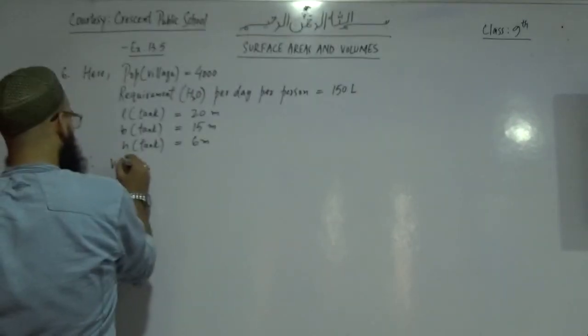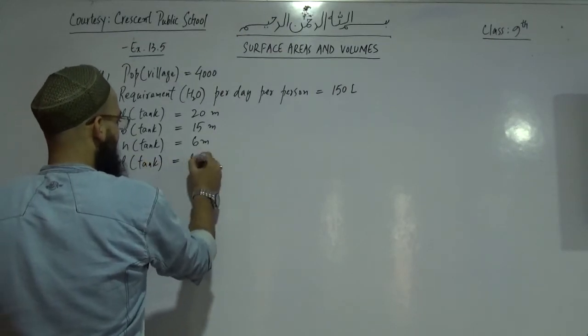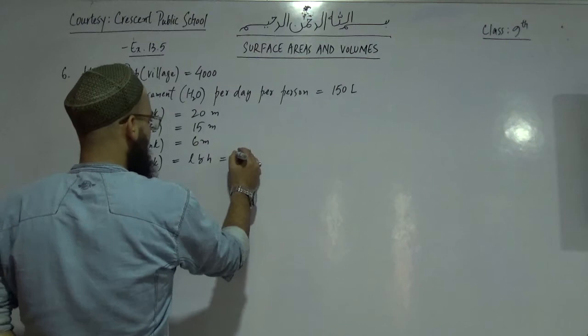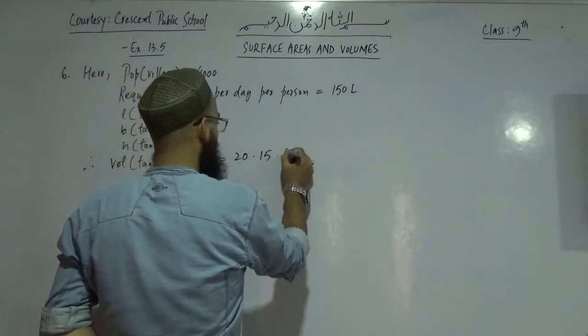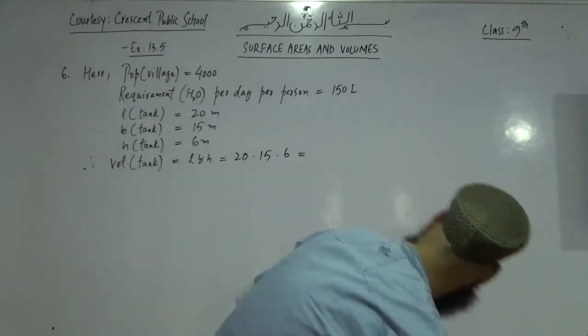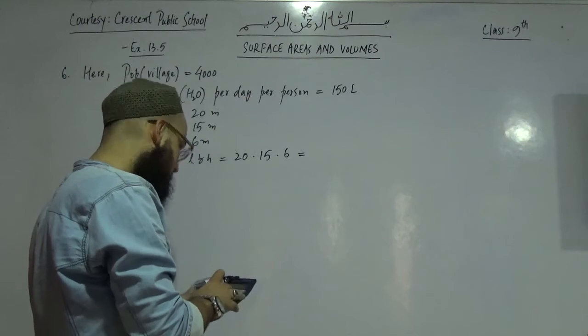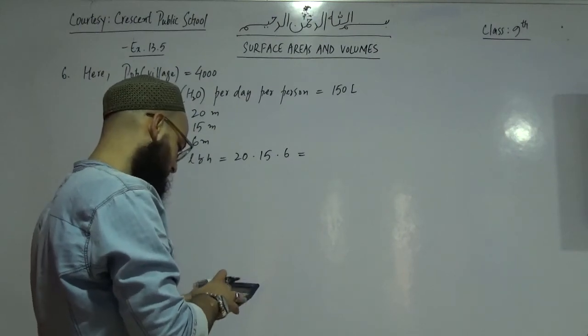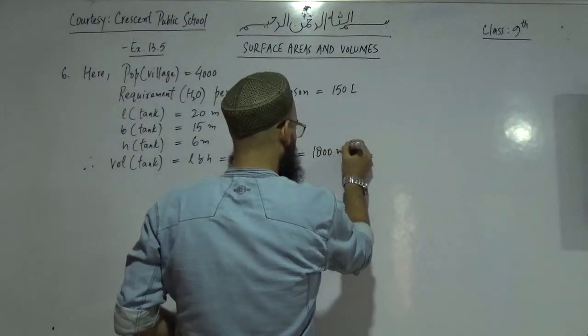Therefore, volume of tank will be length, breadth, height, that is 20 times 15 times 6. And what you get? So you got 1800 cubic meters.